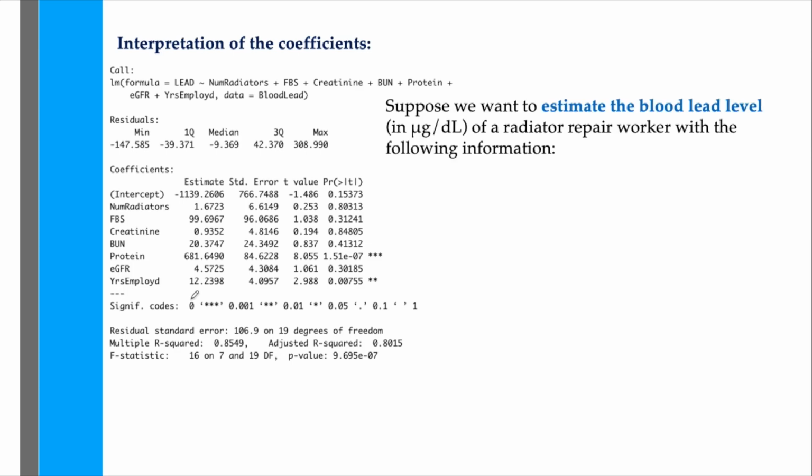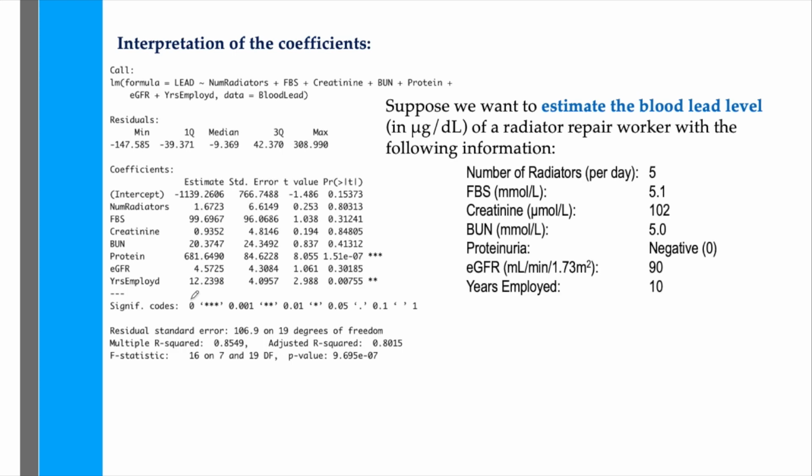So suppose we want to estimate the blood lead level of a radiator repair worker with this information. So 5 as your number of radiators, 5.1 as the FBS, and so on.